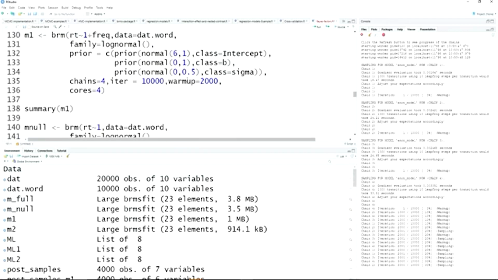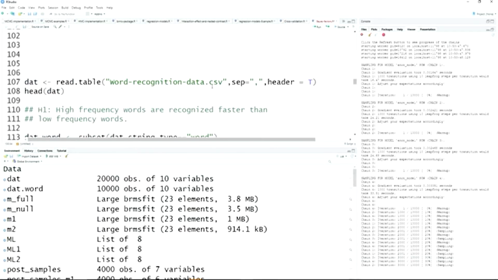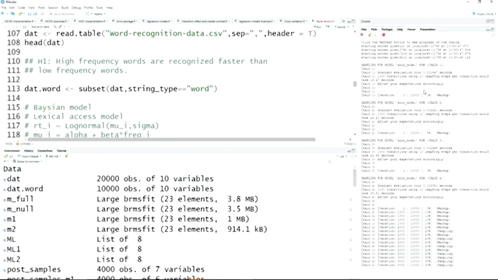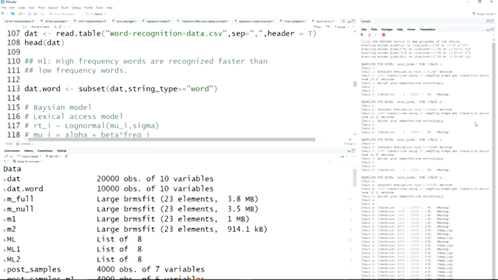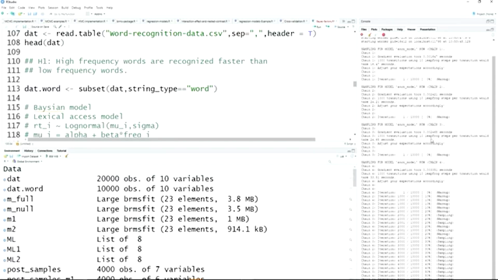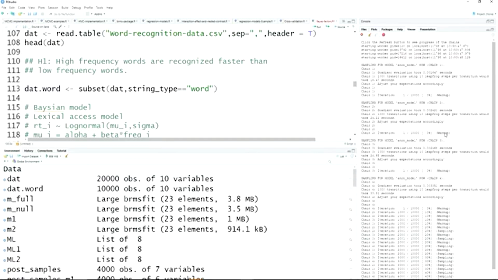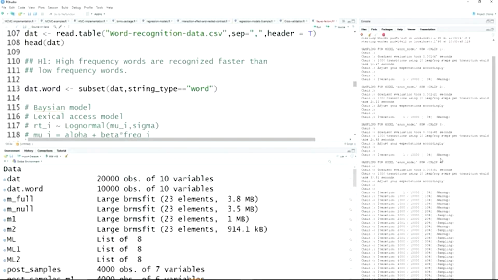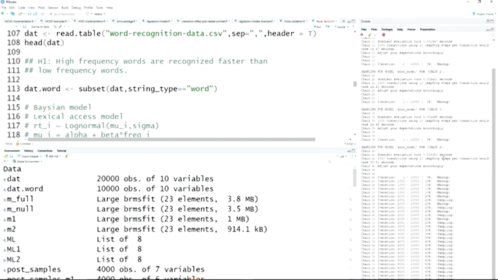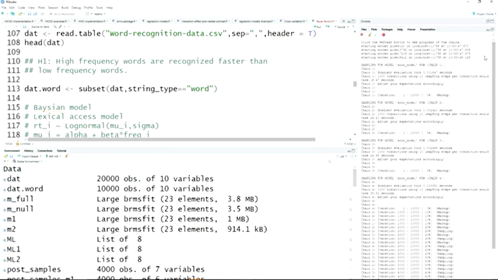So this one takes some time because there was a lot of data in this object dat.word. We loaded this from word recognition data.csv, and it contained data from multiple words and multiple subjects. That takes a slight bit of time. You can wait for a couple more minutes.